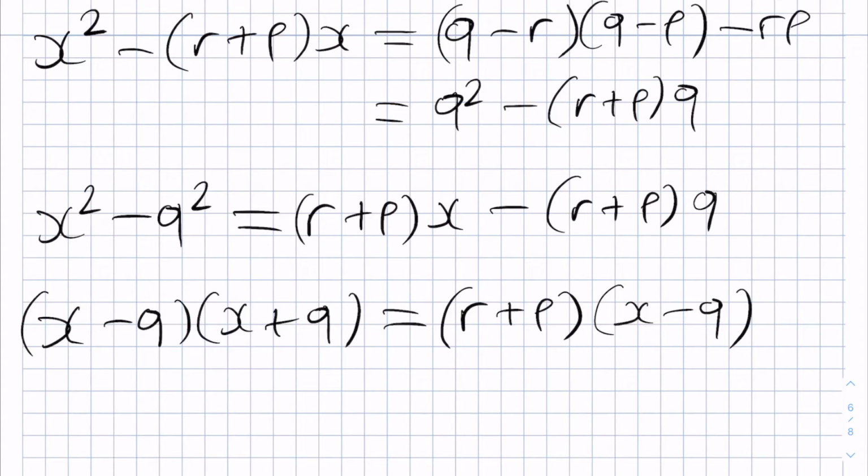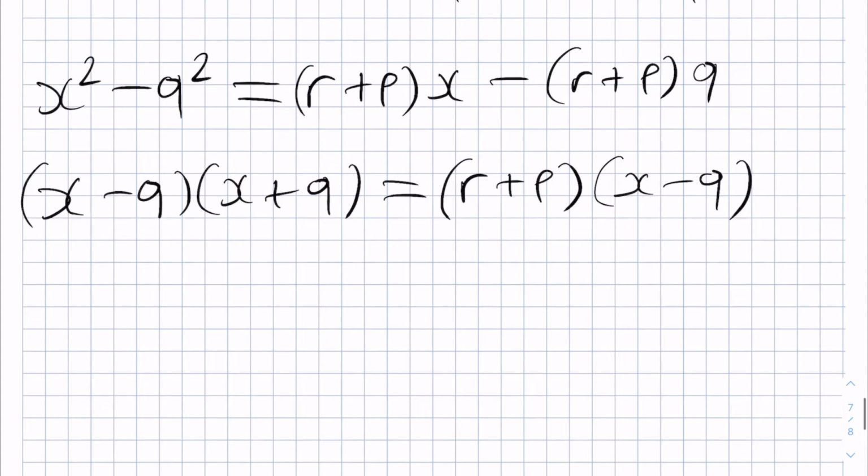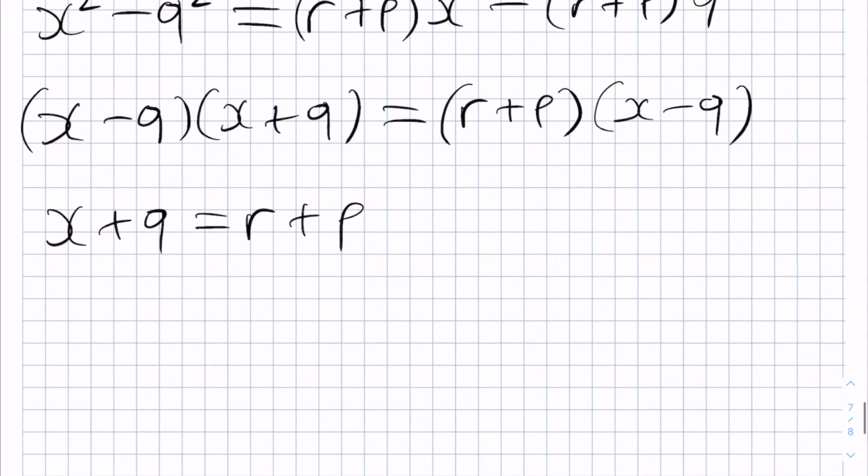Again, that's an acceptable solution because that's where the tangent actually crosses the curve C. And so if we discard x equals q again, then we have x plus q equals r plus p. So therefore, we have that x is equal to r plus p minus q is another solution.